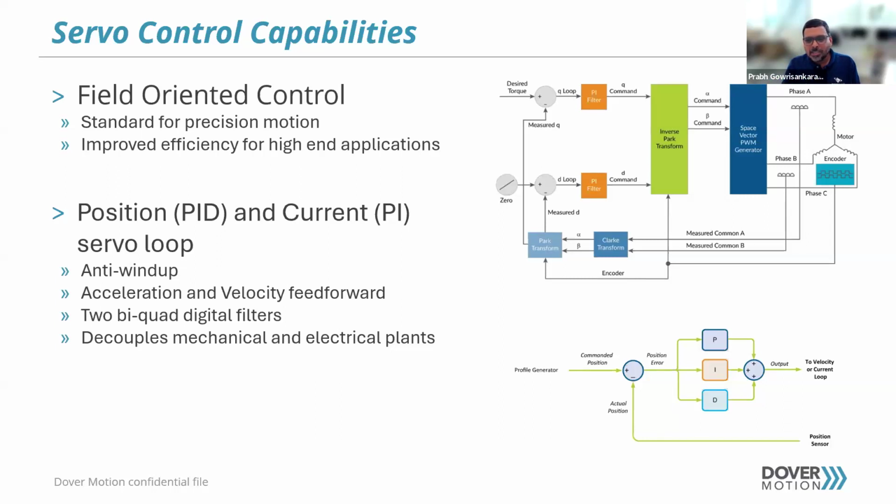The other capabilities that are already there inside the 58113 that Dig had covered was the PID loops. There's a profile generator where you can do a bunch of different profiles, S-curve and trapezoid. And there's a PID after that, and then that gets forwarded on to a current loop. So having both the PID that is tunable, so you can set the KPs and KIs, and having a current loop native to the chip benefits Dover a lot.